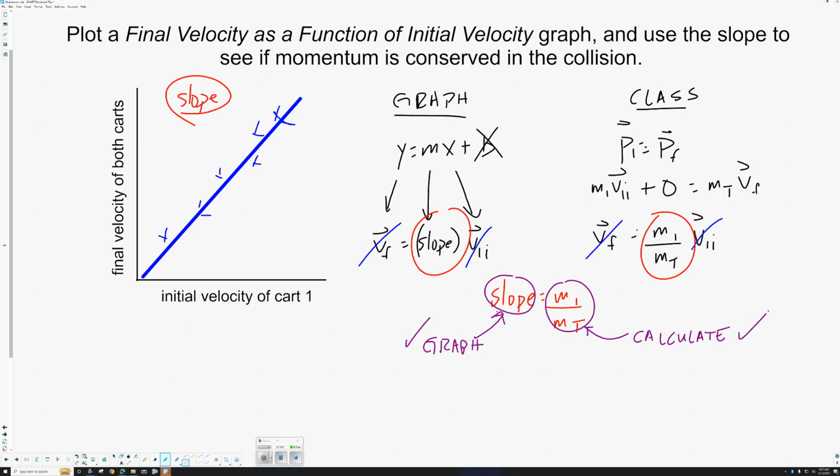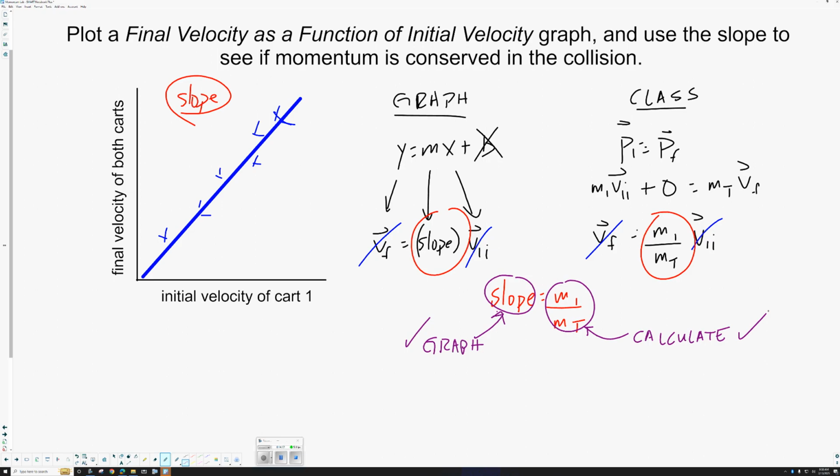We made an assumption earlier on here. We assumed that PI equals PF. Margot said that, I think, right? But wait, we were trying to prove that PI equals PF, yet we assumed that it was correct. Here's the thing. If we assumed PI equals PF, and with that assumption, the slope should equal mass 1 over mass total, and the slope does equal mass 1 over mass total, what does that tell us about our assumption?